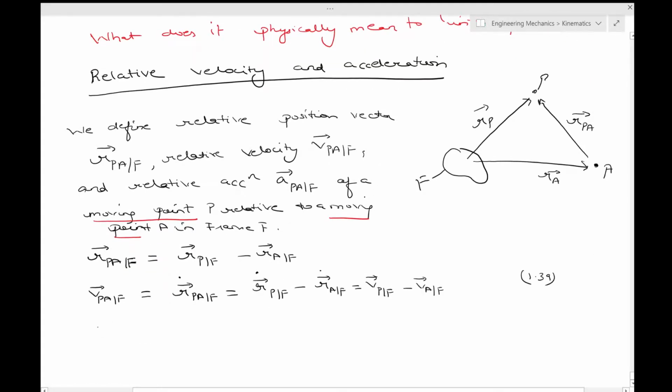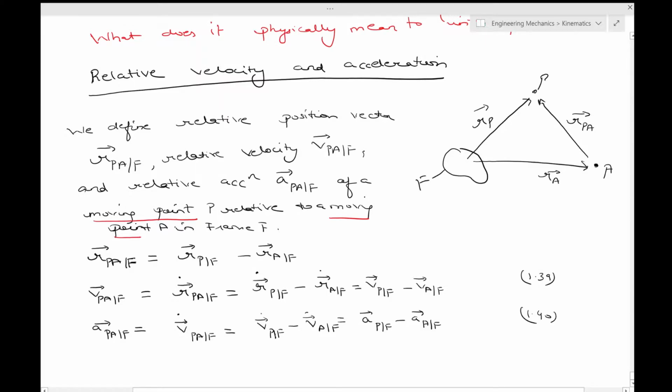Then the relative acceleration PA is again the time derivative of the relative velocity. This would make it V dot PF minus V dot AF, equal to acceleration of P minus acceleration of A. This is 1.40.